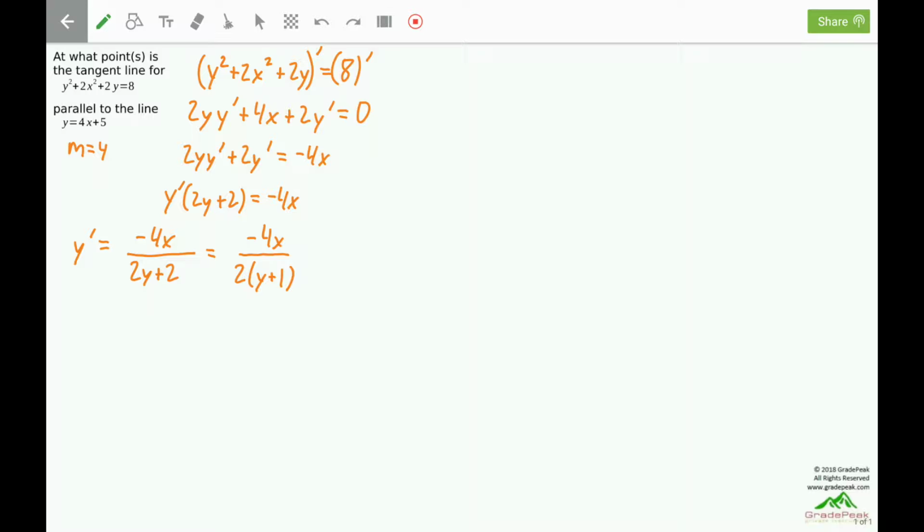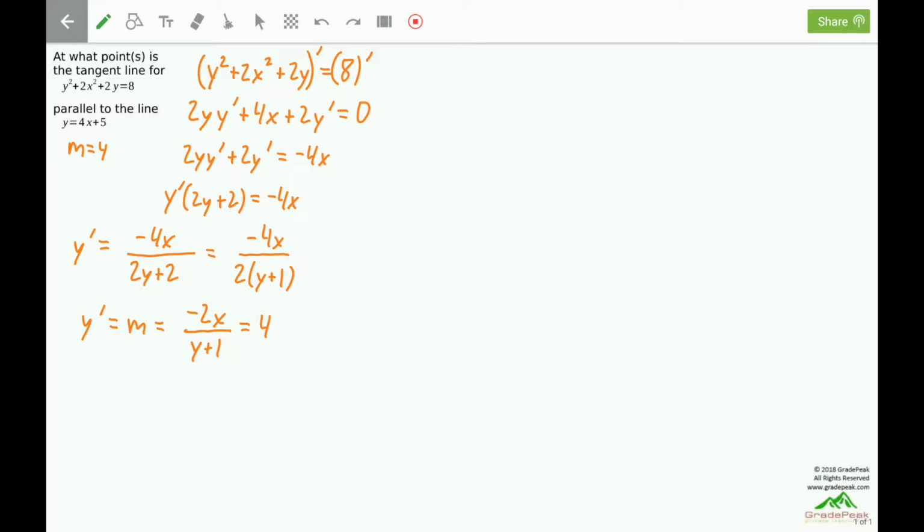We can now reduce by a 2, and y prime, which is the slope, will be negative 2x over y plus 1. This is what we want to equal 4. So we'll set it equal to 4 to be parallel to the line that was given.